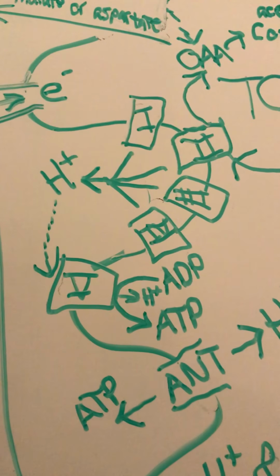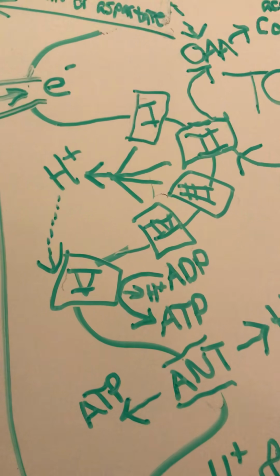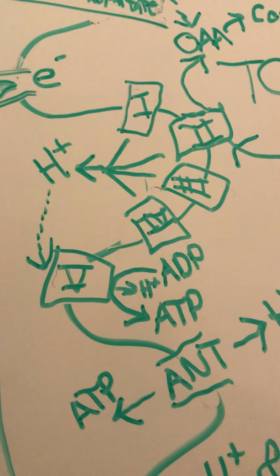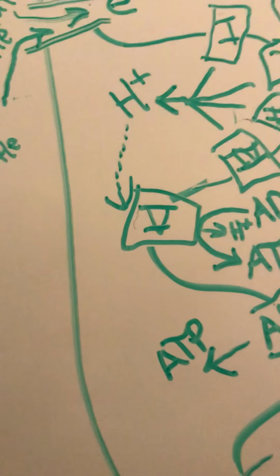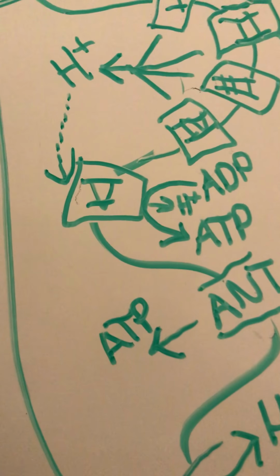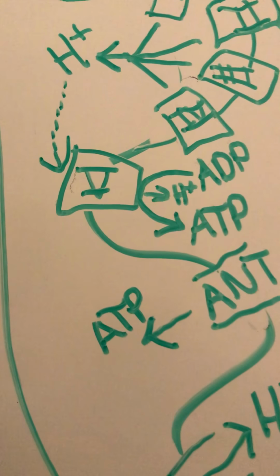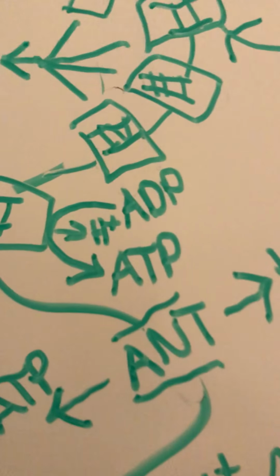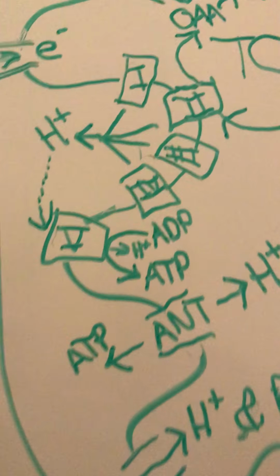They pump the hydrogens against their concentration gradient utilizing electron flow. Then the hydrogens flowing with their concentration gradient can go through complex 5, or ATP synthase, producing ATP.